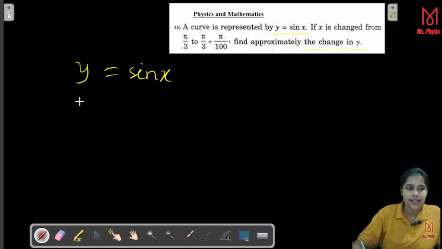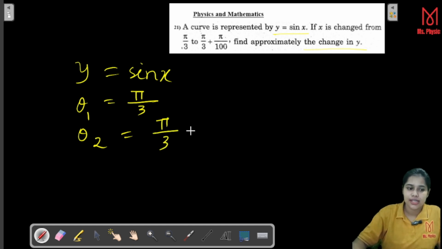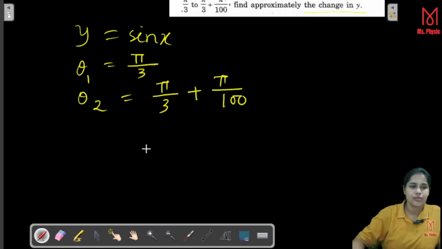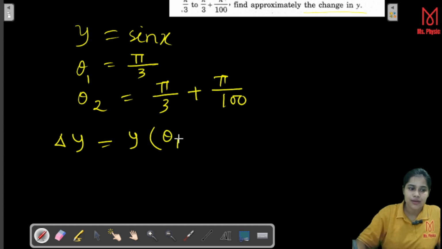That means I consider theta 1 is equal to pi over 3, then theta 2 is equal to pi by 3 plus pi by 100. Fine. Now we have to find the change, that means delta y is equal to, very simple, y of theta 1 minus y of theta 2.